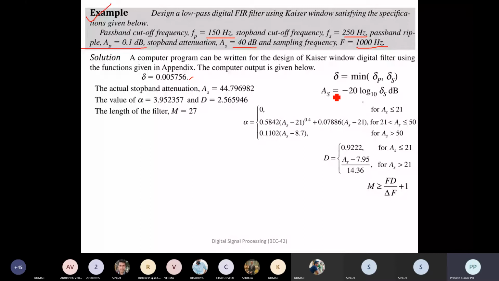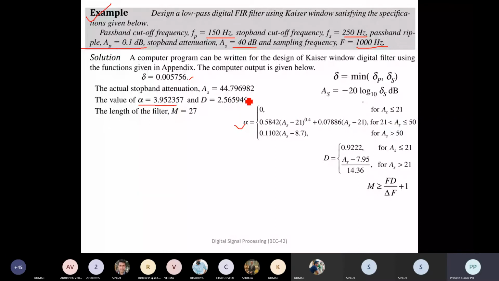Once we have found the ES value, the next step is to find the alpha value, and this alpha is given by this formula. Based on the AS value we have obtained, we check which equation we should use to find the alpha value.